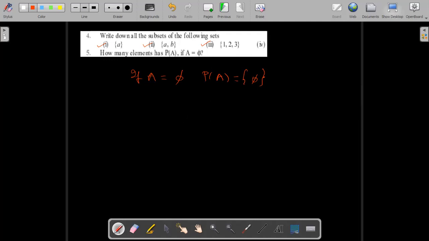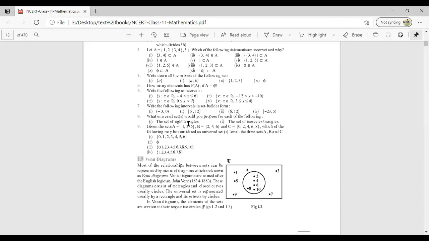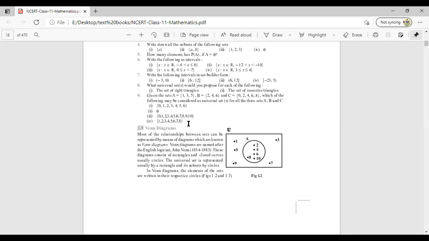So converting into set builder form. Now you can see this. Write down the following as intervals. This we have done. How to convert? I will tell you one of that answer. This is minus 12 to 10. So both are excluded.